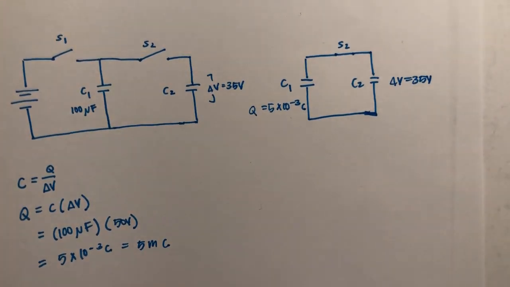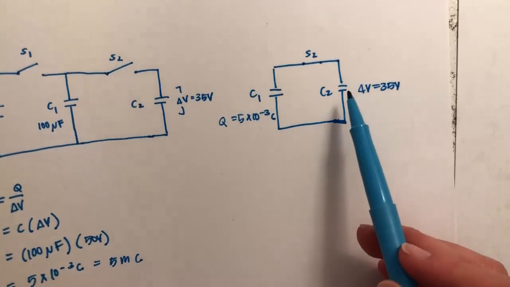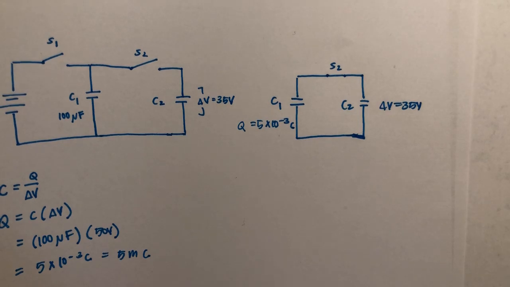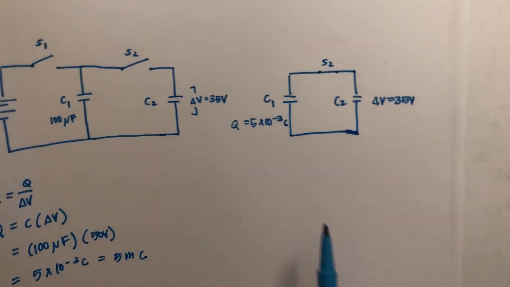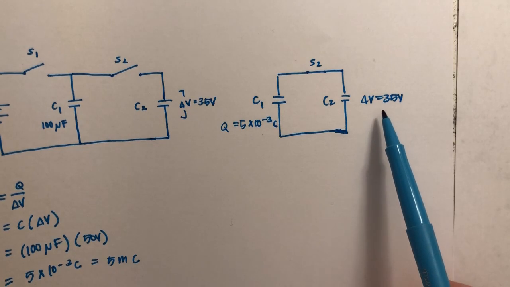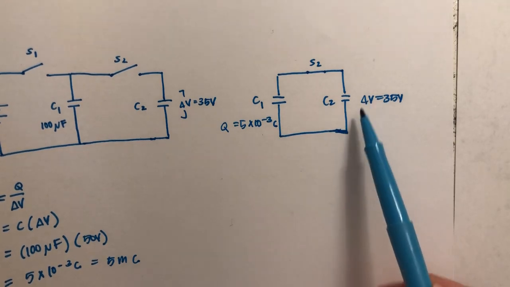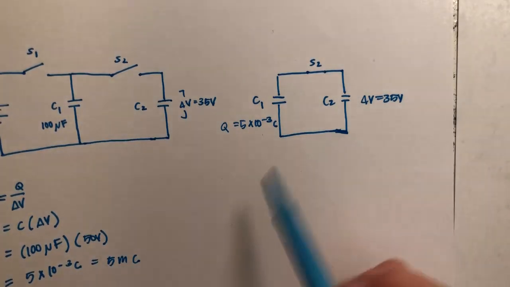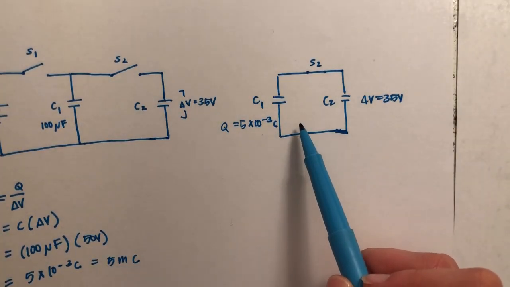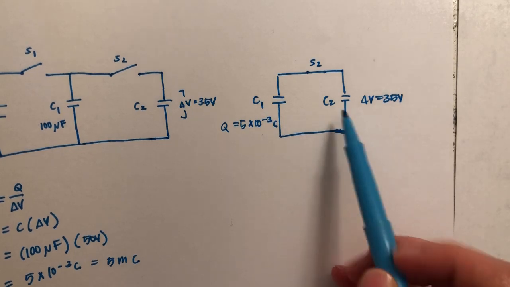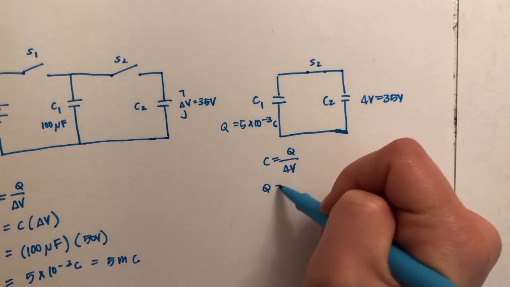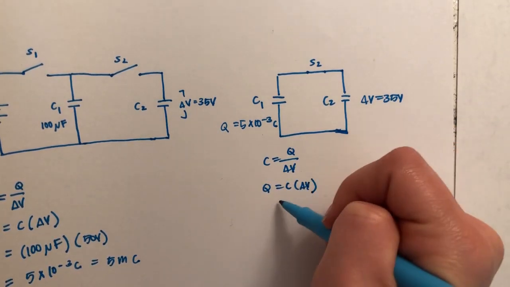So we can find the charge on this plate on capacitor 2 using the same equation, Q over delta V. Q equals C times delta V, 100.